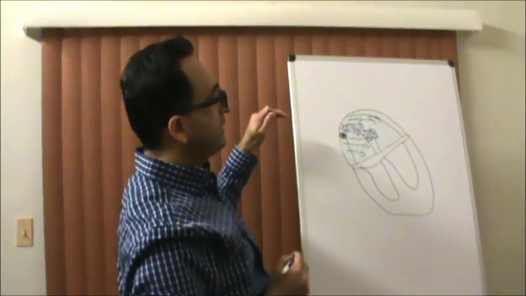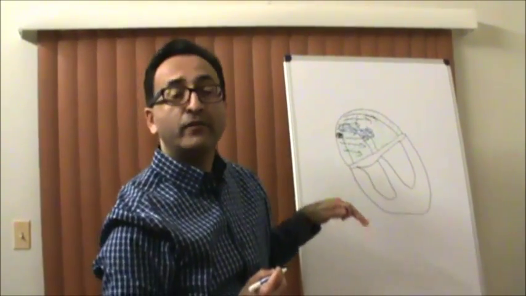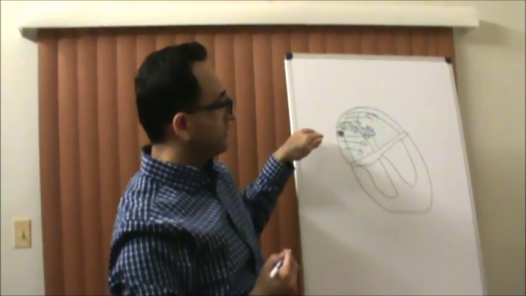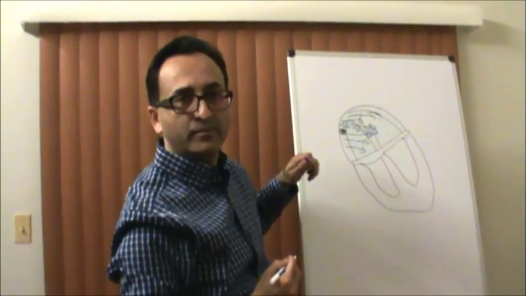So it is going downward and leftward. And why is that? Because SA node is located upward and rightward. Make sense?